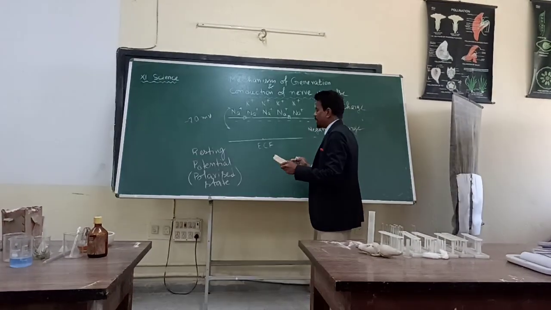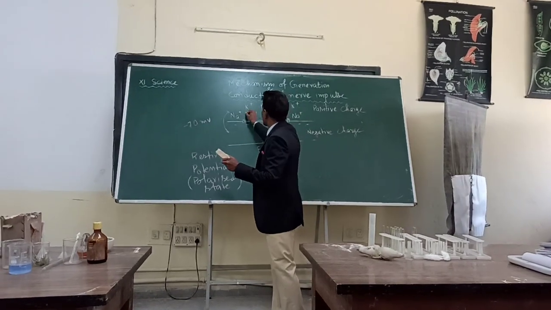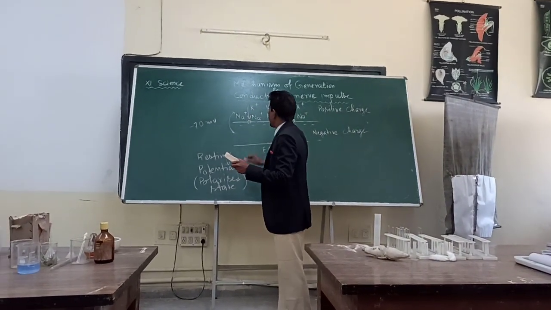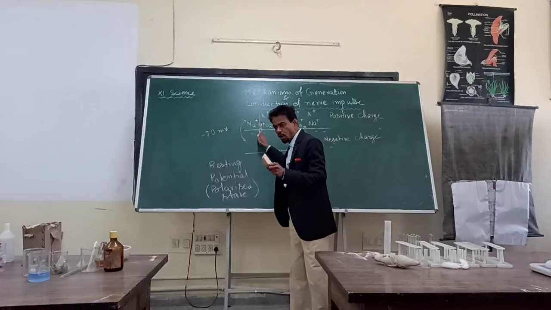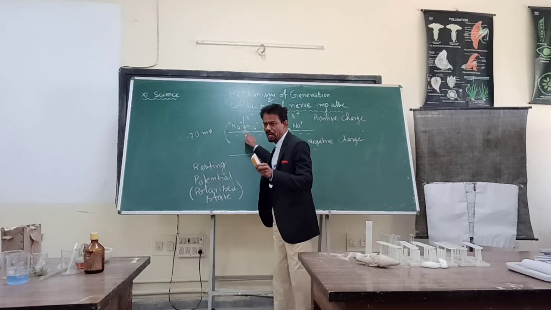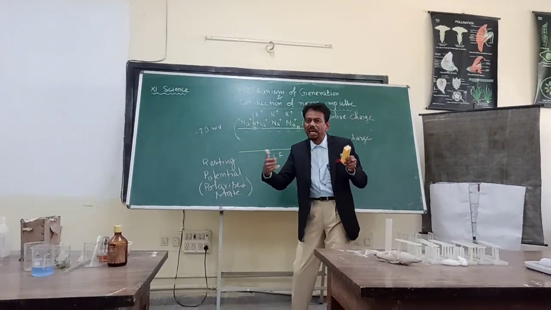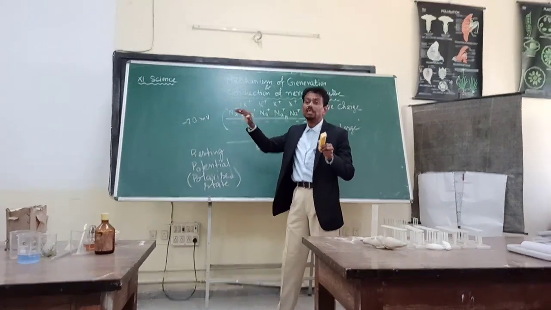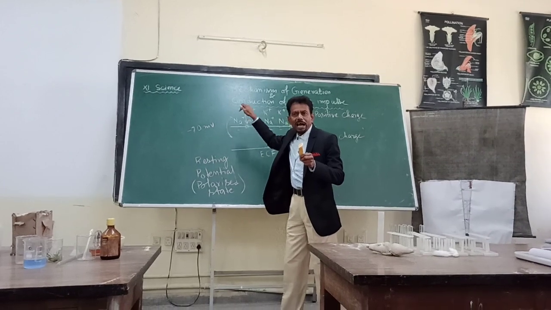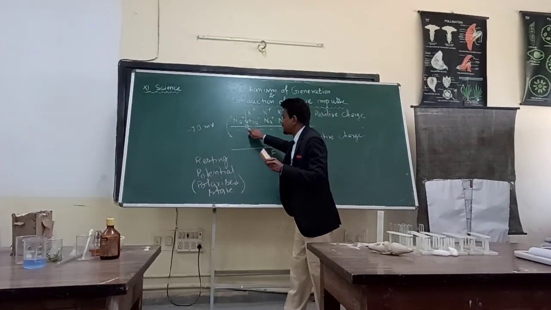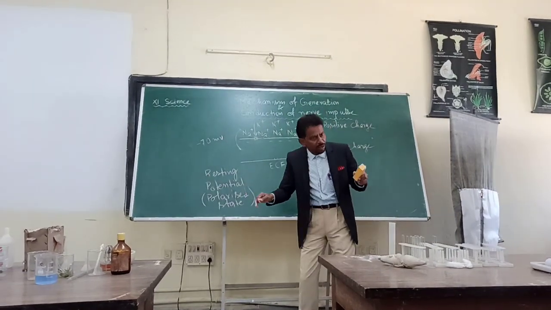Now, what happens when any stimulus is applied in a particular area of the neuron or nerve fiber axon? This changes the potential. How? When any stimulus acts on it, it changes the permeability of the ion channel.